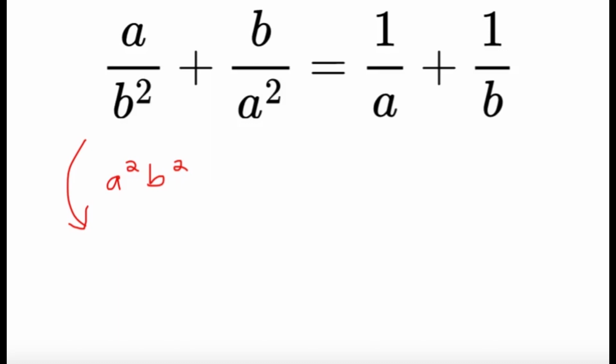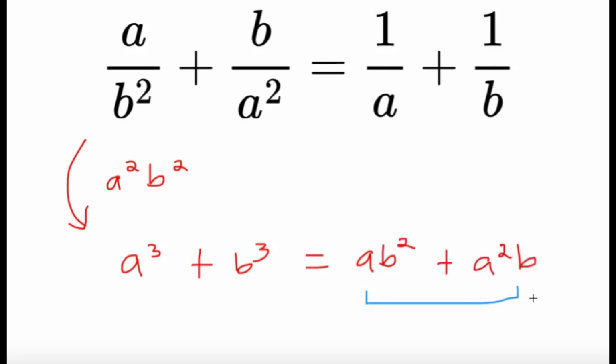Anyway, for our first step, let's multiply both sides by a squared b squared to clear the denominators, so we can work with the equation a little bit easier. So the first term becomes a cubed. The second term becomes b cubed. Then the equal sign. 1 over a becomes ab squared. Then 1 over b becomes a squared b.